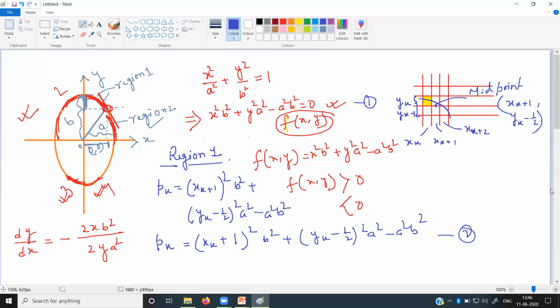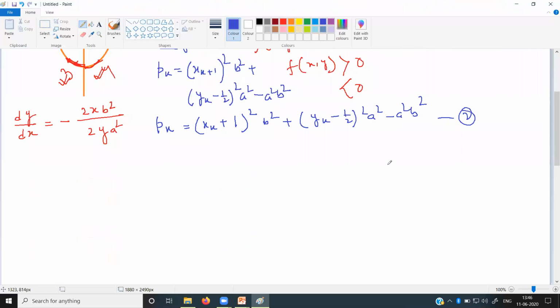Fine. Now, based on equation 2, we will find out the decision parameter for the k plus 1th term. Very easy, what you have to do? Here this k will be replaced by k plus 1.